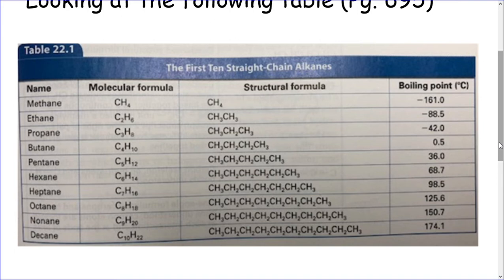So things like butane are right around 0 degrees, and then once we get into pentane, it's 36 degrees Celsius before it starts to boil. As we move down further, these things are liquid at room temperature, and we need to achieve high temperatures to change their state into a gaseous state.